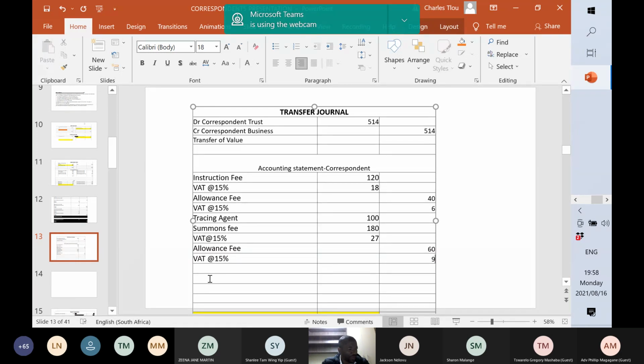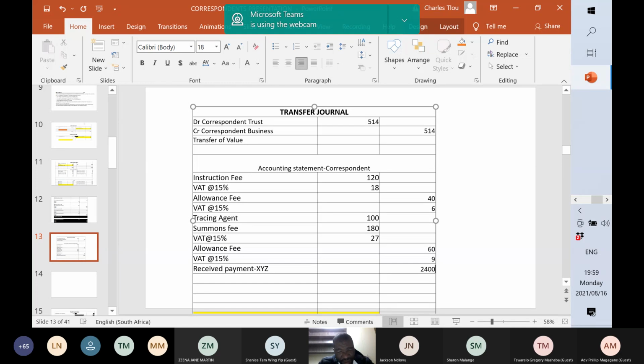XYZ pays 2,400 rand. And you can say received payment. Because it's a payment received, it goes to the credit side, 2,400 rand.